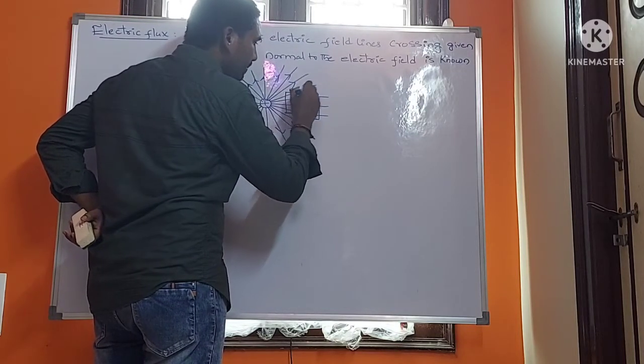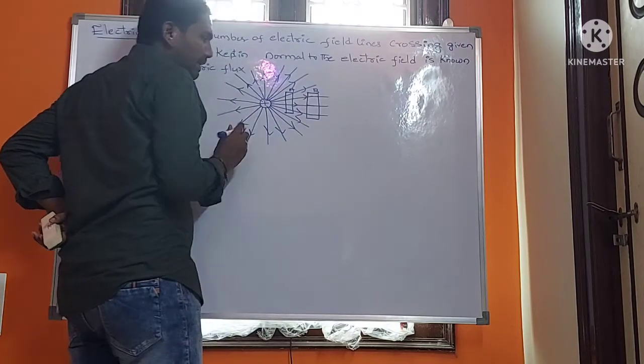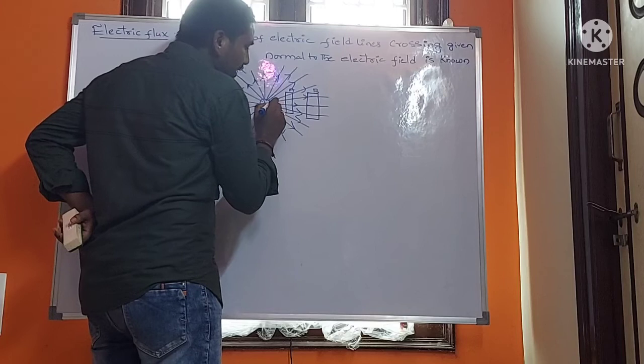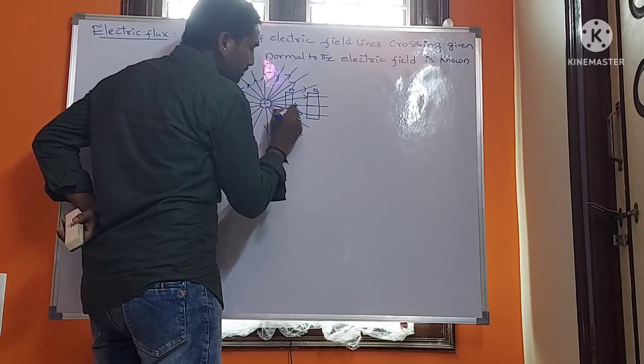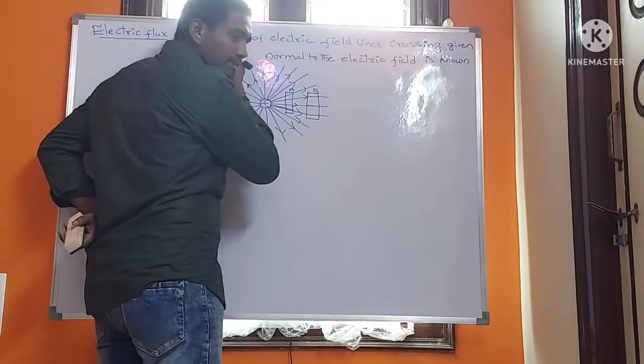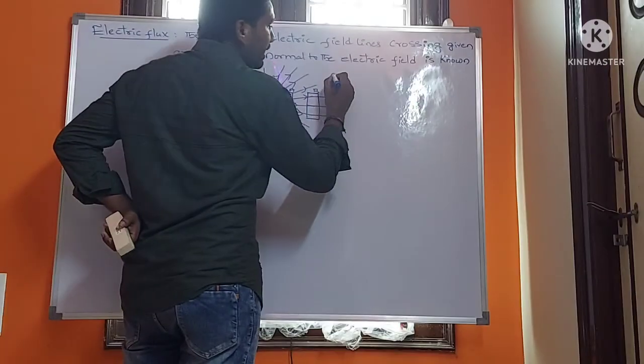This is area A and this is area B. Compared to area B, area A has the maximum number of lines. For example, 1, 2, 3, 4 lines here, and only 3 lines here.